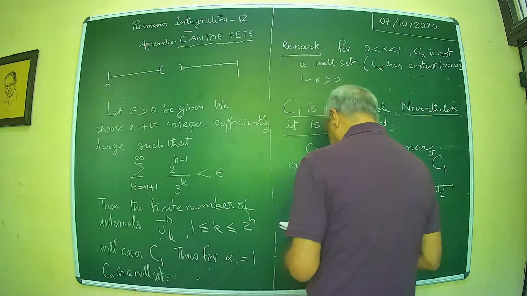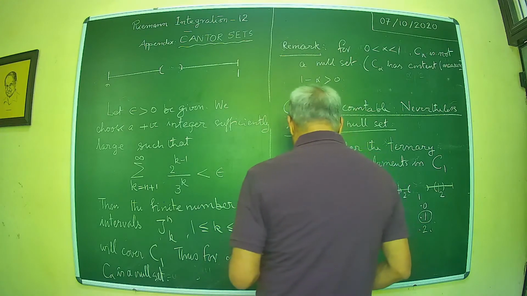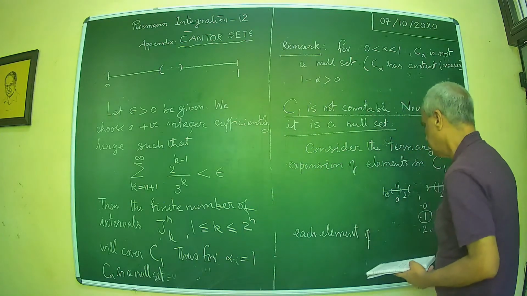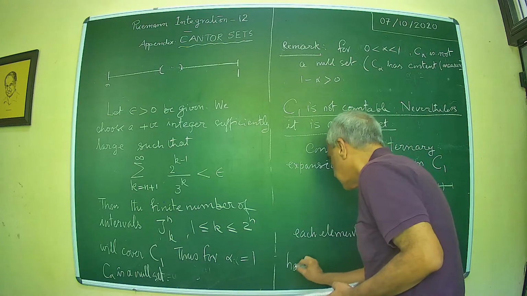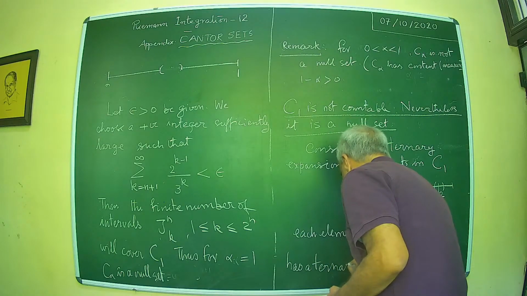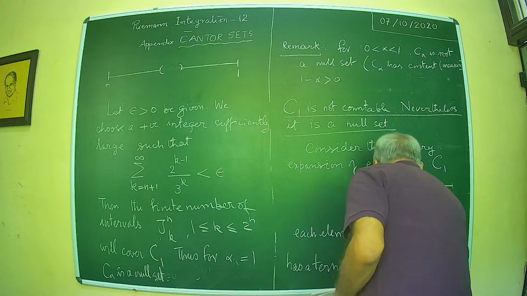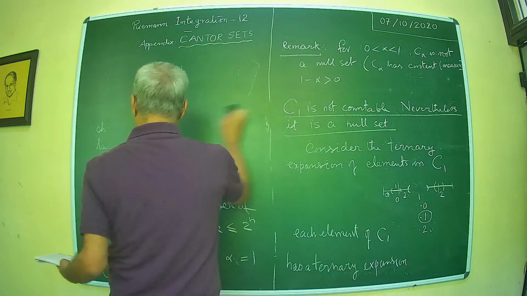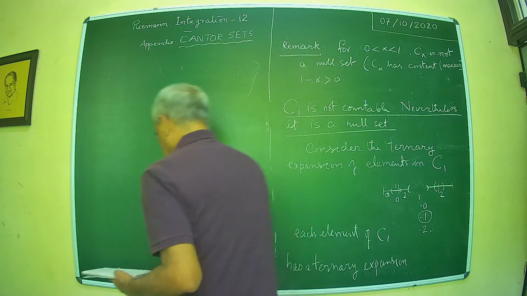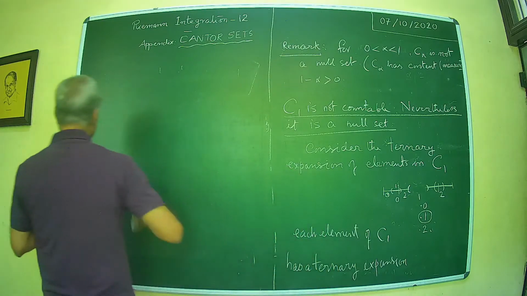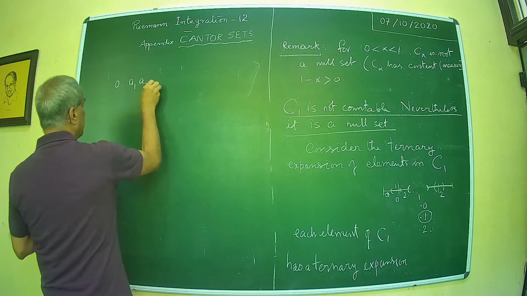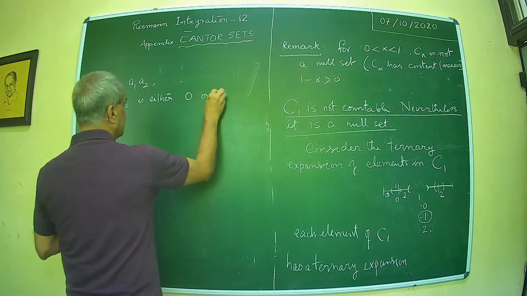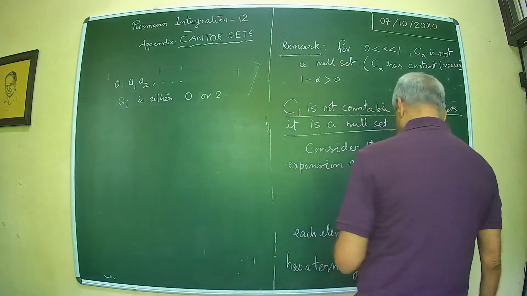Therefore, you eventually see that each element of C1 has a ternary expansion 0.a1 a2 etc., where each ai is either 0 or 2.